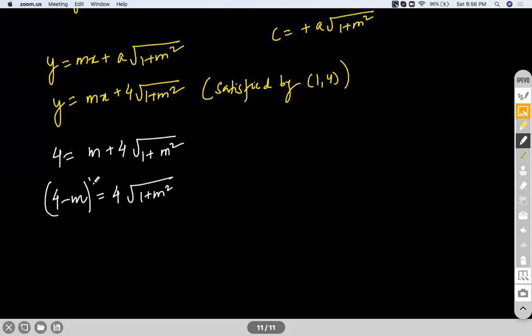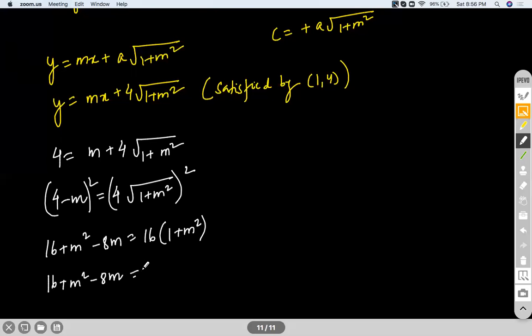Correct? This leads to an expression like this, and if I square both the sides, (16 minus m)square gives 16 m square minus 8m, this will be 16 times 1 plus m square. This leads to a quadratic in m, correct? This and this get cancelled.